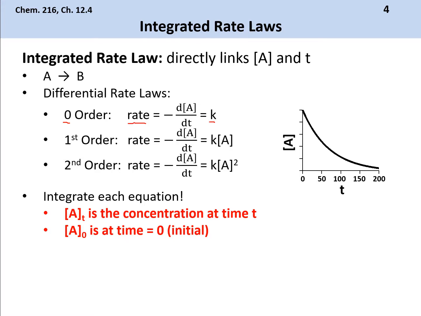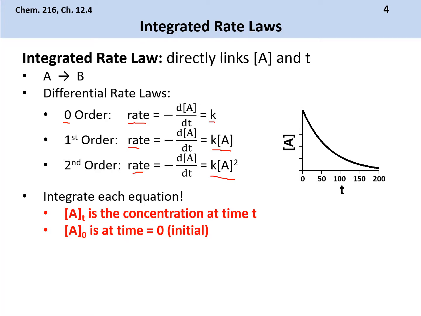I have first order, which would be rate equals k times concentration. And then second order, which would be rate equals k[A] squared. This could also be rate equals k[A][B], but in this case, we're just going to do it this way. And so what we're going to do is integrate all 3 of these and see what we get. We'll go over that in a little time.